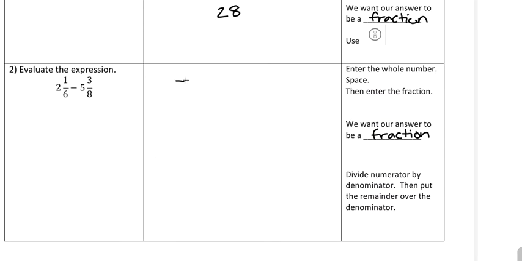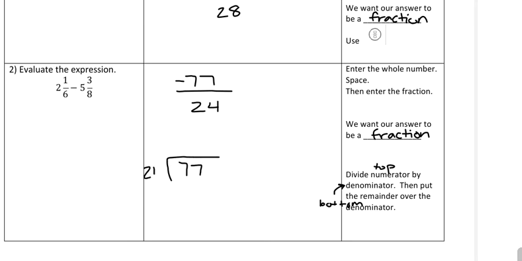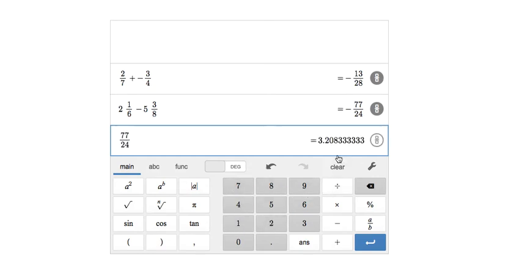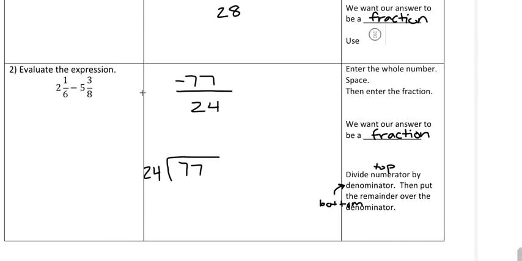Now this is an improper fraction because the top number is bigger than the bottom number. So we're going to divide the numerator, the top number, by the denominator, the bottom number. I'm going to do 77 divided by 24. Again, I'm just going to use my decimals to do that. So 77 divided by 24, it goes in there 3 whole times. So here would go 3. Then I want to know what is 3 times 24.